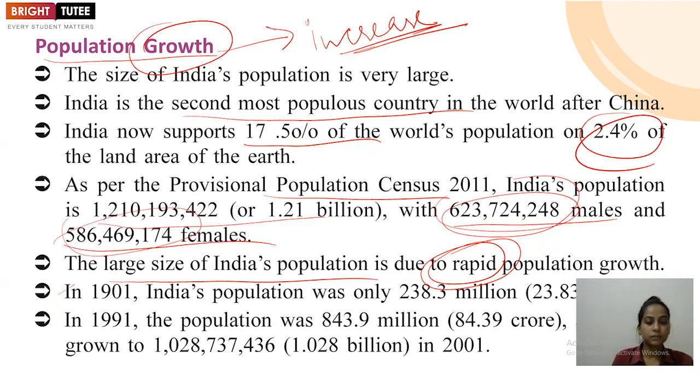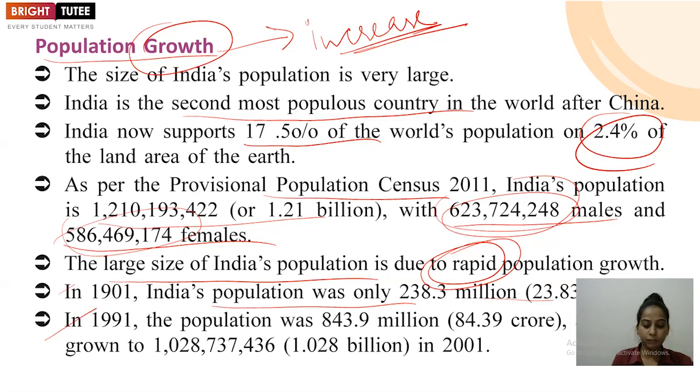In 1901, India's population was only 238.3 million. Clear? That was 23.83 crore.